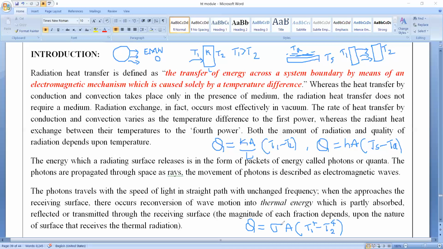Very importantly, σ is the Stefan-Boltzmann constant, A is the area, and T1 and T2 are the temperatures of the first and second body.